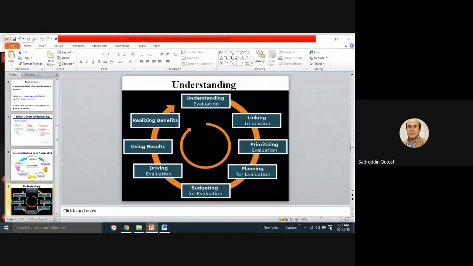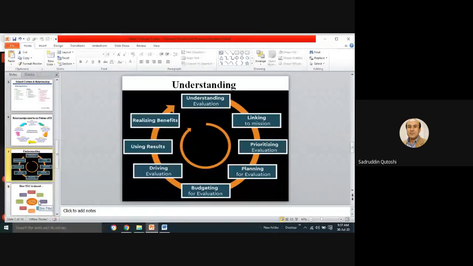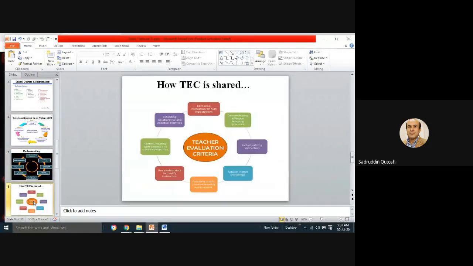That is based on continuous improvement of your learners, the improvement of your students, the improvement of your teachers in their teaching conditions. So that's how you need to develop teachers' evaluation criteria.